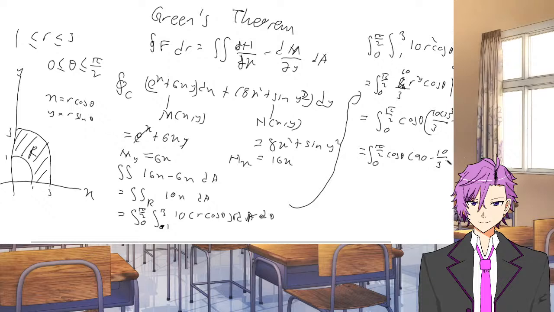This would be 260 over 3. 260 over 3. This time we'll just immediately integrate the cosine. So it would be sine theta from 0 to pi over 2. So the answer would be 260 over 3. And the answer is correct. So that is for Green's theorem.